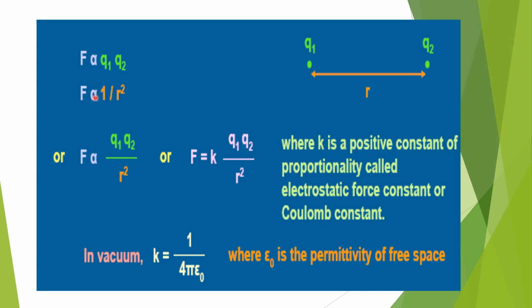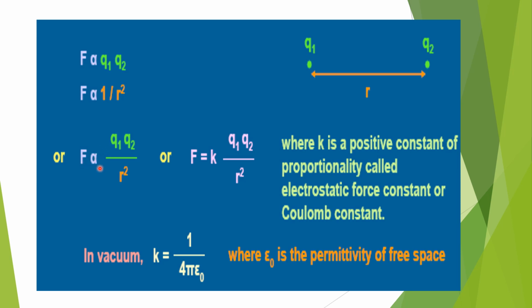And inversely proportional to the square of the distance, so we write F is proportional to 1 divided by R square. So these are the two statements. F is proportional to Q1 into Q2. F is proportional to 1 divided by R square. Combining these two, we can write F is proportional to Q1 Q2 by R square. Clear?